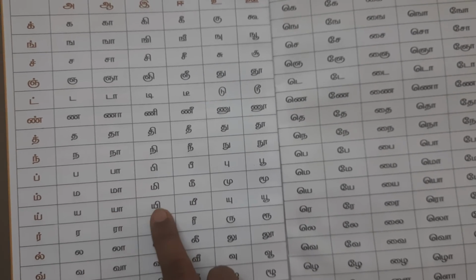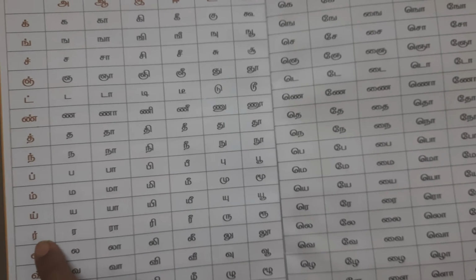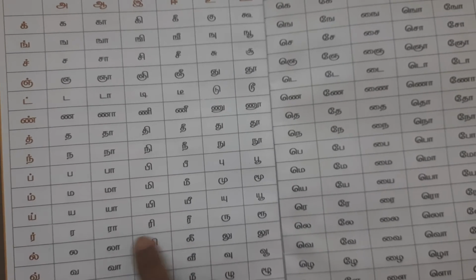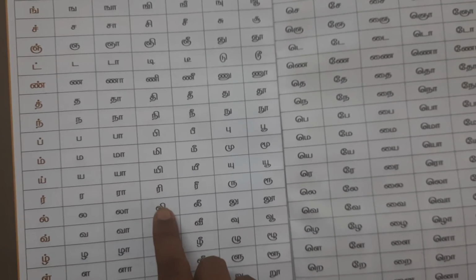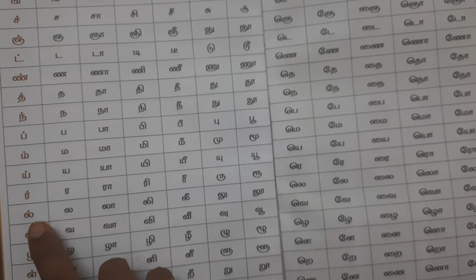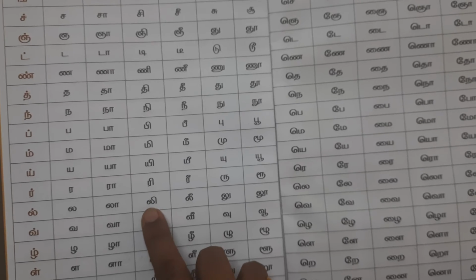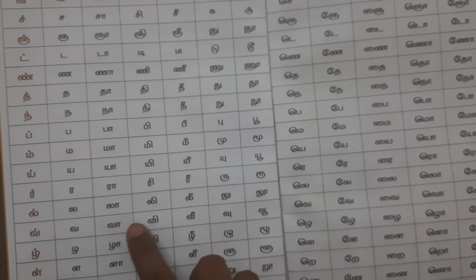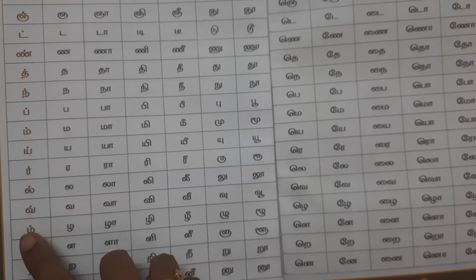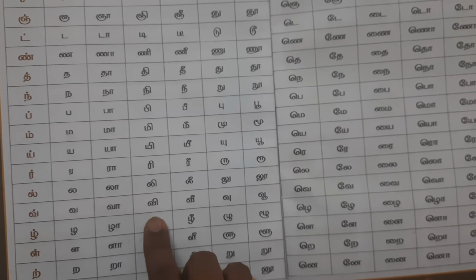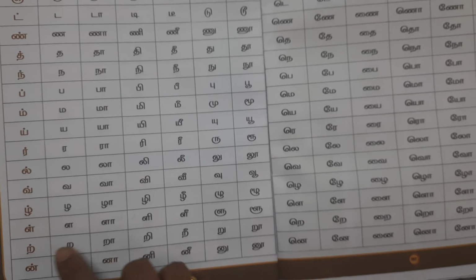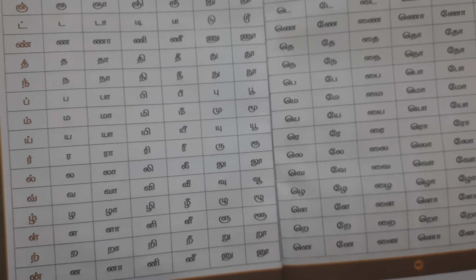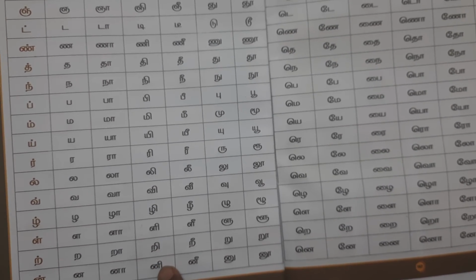E plus E, e. Ir plus E, ri. Ill plus E, li. Sorry, the pronunciation should be ill plus E, li. Iv plus E, vi. Ill plus E, li. It plus E, ri. In plus E, ni.